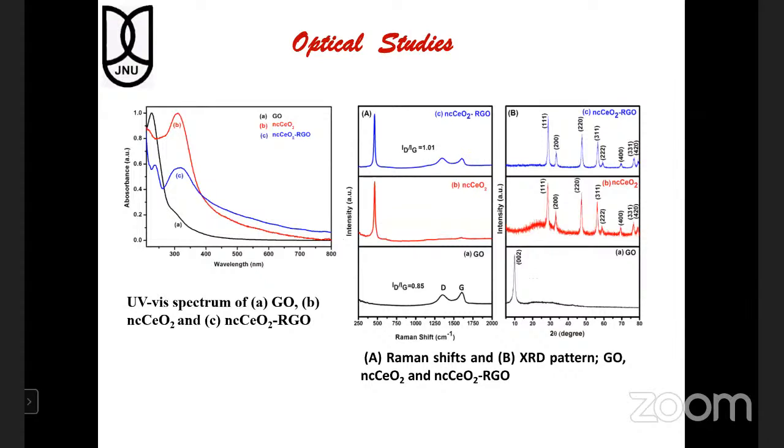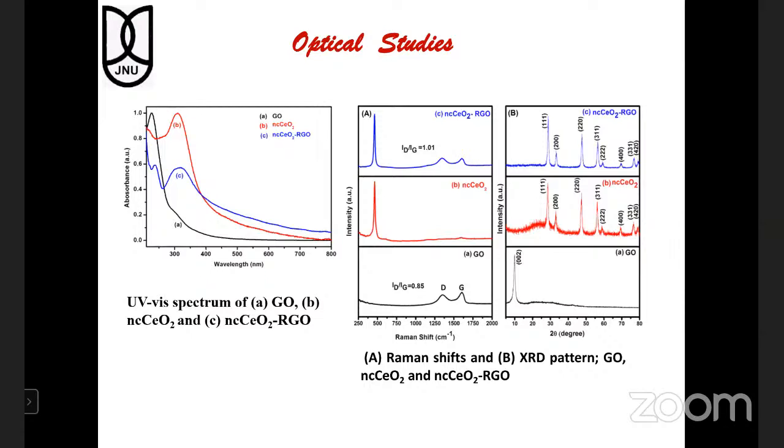First we characterized the GO, which shows a peak at 266 nanometers. For only cerium oxide nanocubes, the peak we obtained is around 320 nanometers.